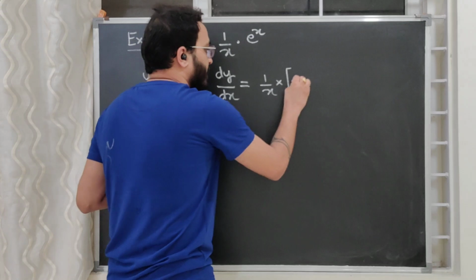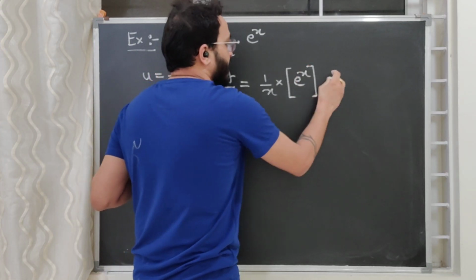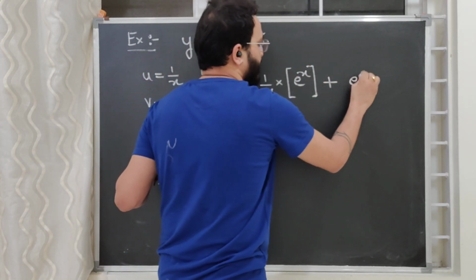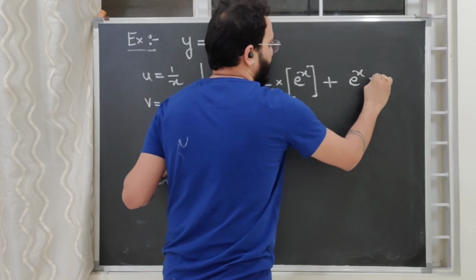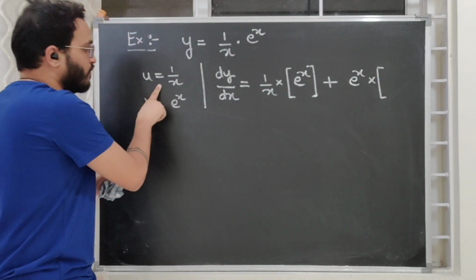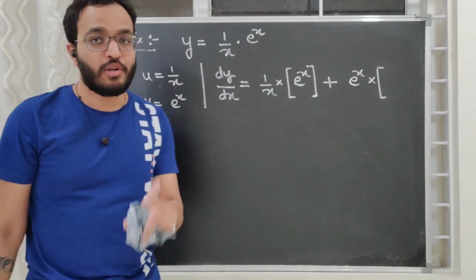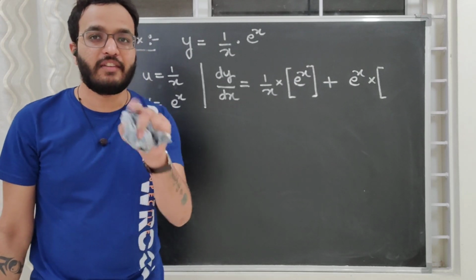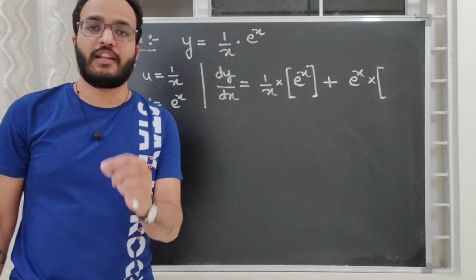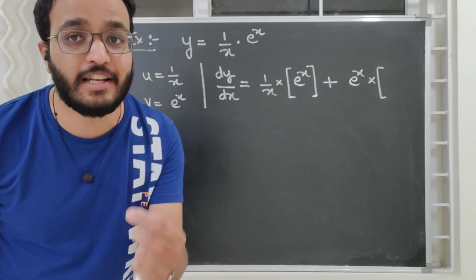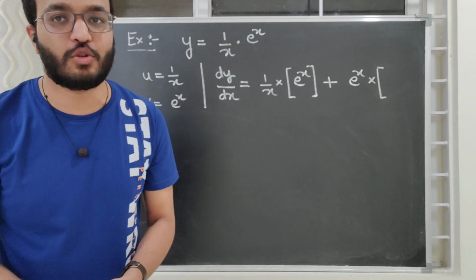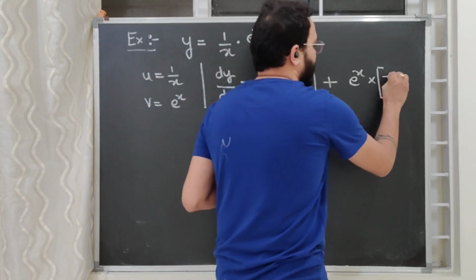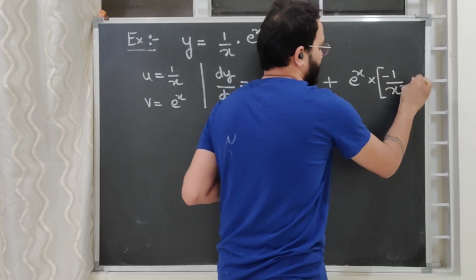So it will remain e to the power x here, then plus we keep v outside and differentiate u. What is u? 1 by x. And I told you in the previous lecture to remember the derivative of 1 by x. The differentiation of 1 by x is minus 1 by x square. Do you remember this? Minus 1 by x square.